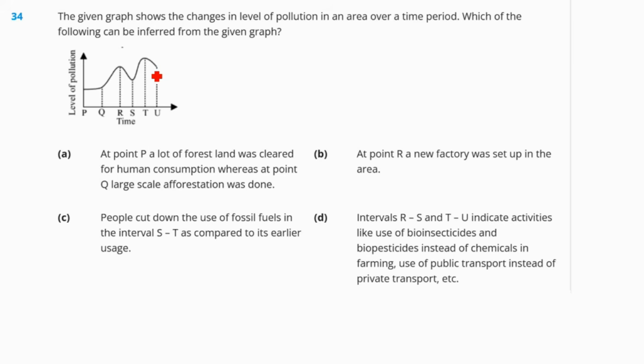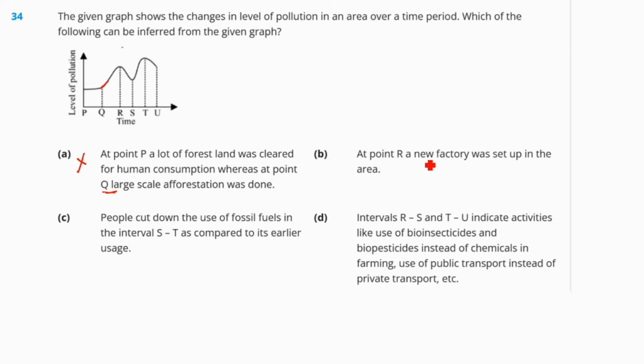So let's see what the statements are saying. First statement says at point P, a lot of forest land was cleared for human consumption, whereas at point Q, large scale of afforestation was done. No. How come at Q, afforestation? If the afforestation is done, that means there will be no increase in pollution. But here from Q level, we can see there is an exponential increase of pollution. So A is the incorrect one.